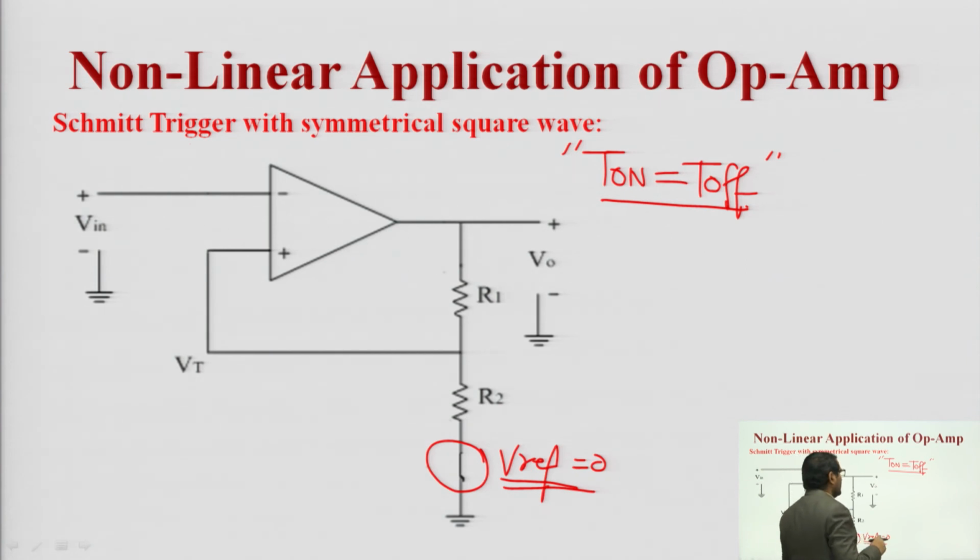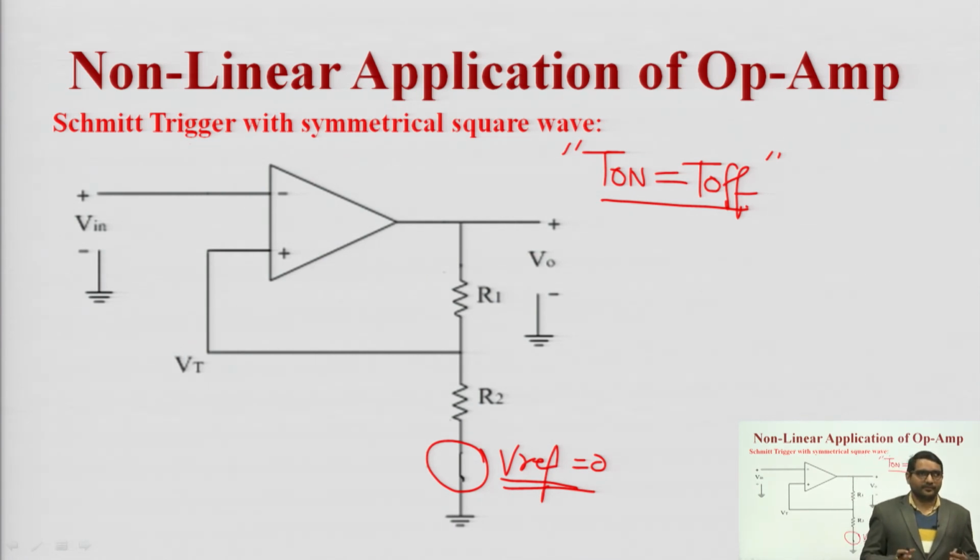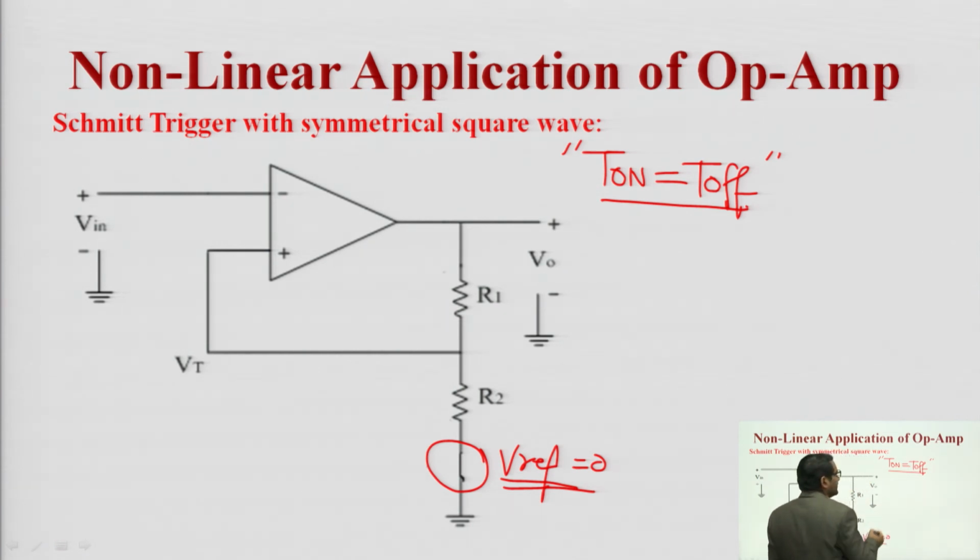If you go for a mathematical analysis of this circuit, like a comparator, and plot a graph between input and output signal, it can give a square wave with equal off and on time.